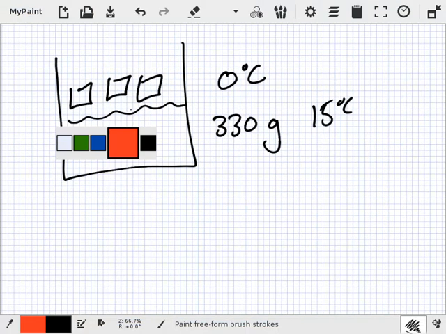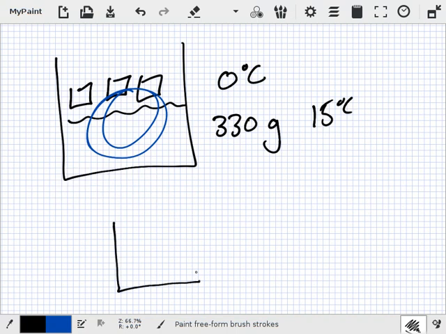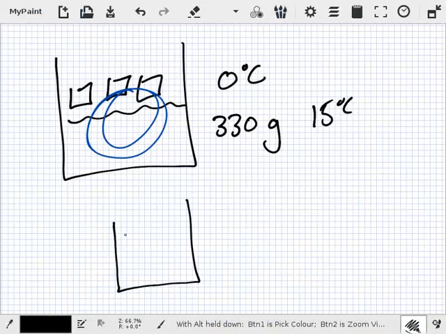And then you mix them together until all that's left is some water at 5 Celsius.